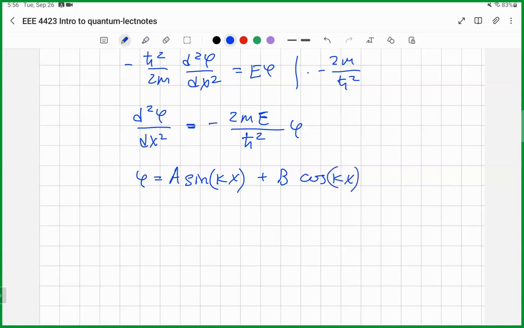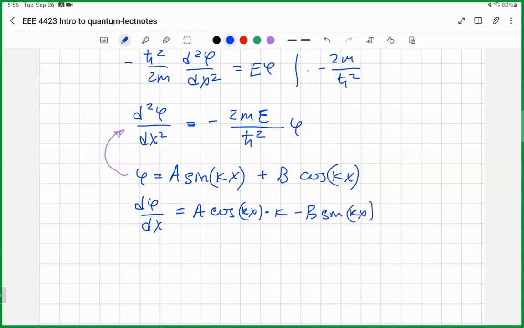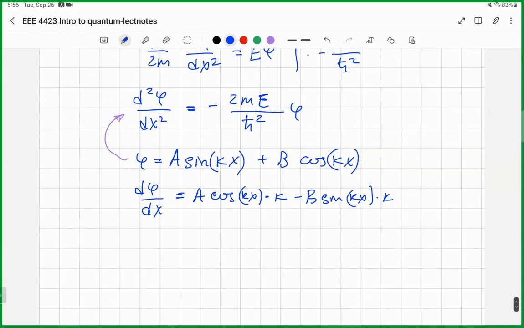Okay, sine and cosine. And now we plug in this probing solution into the equation above. To do so, we need to find the first derivative by x. So it's going to be a cosine kx times k, minus b sine kx times k, okay.